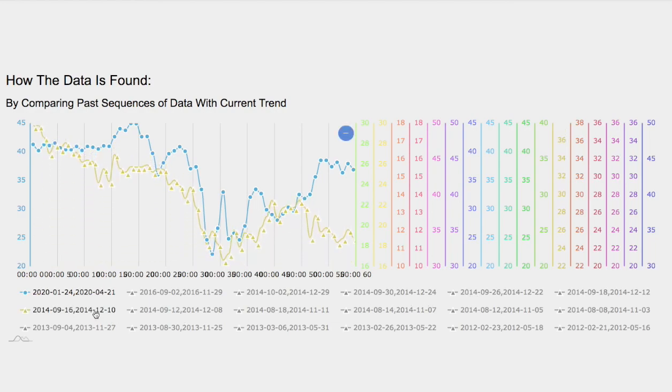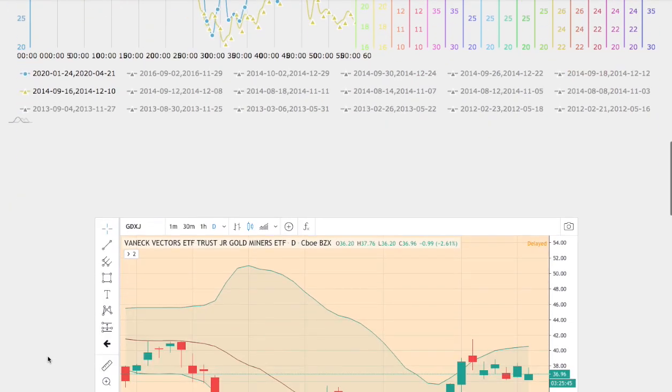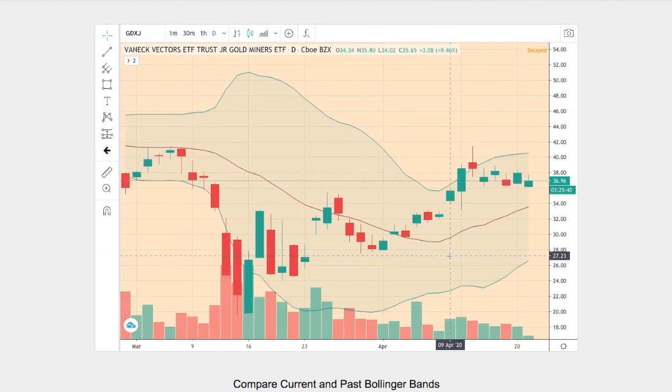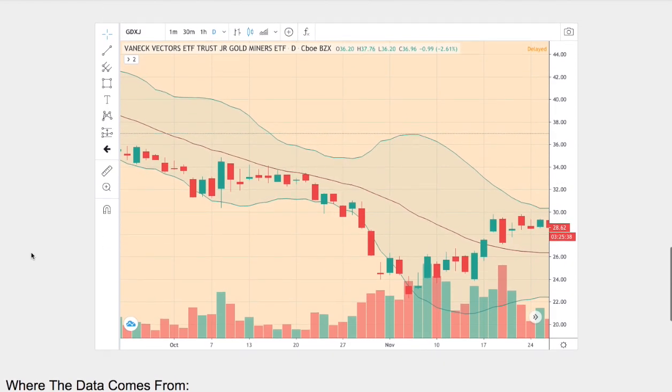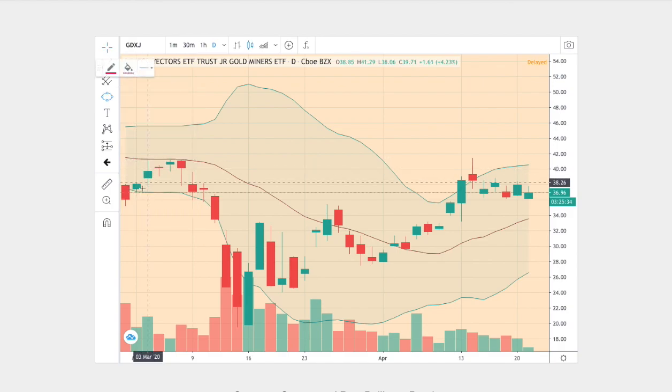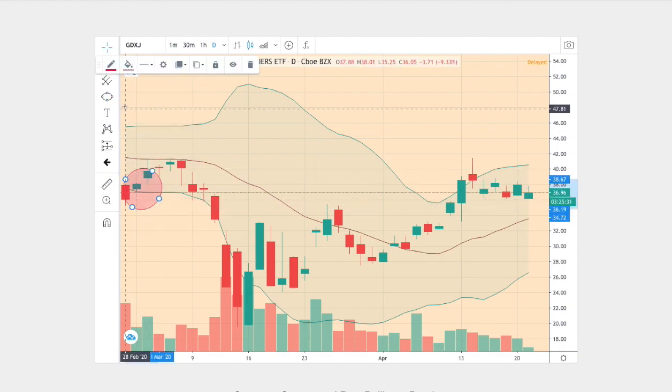It is September 16, 2014 to December 10, 2014. That, I believe, is the best match to the current trend. So we have the current trend right here, and below it is the trend that I believe is the best match. Let's compare the two trends. What we have here, we start off at the bottom Bollinger Band.